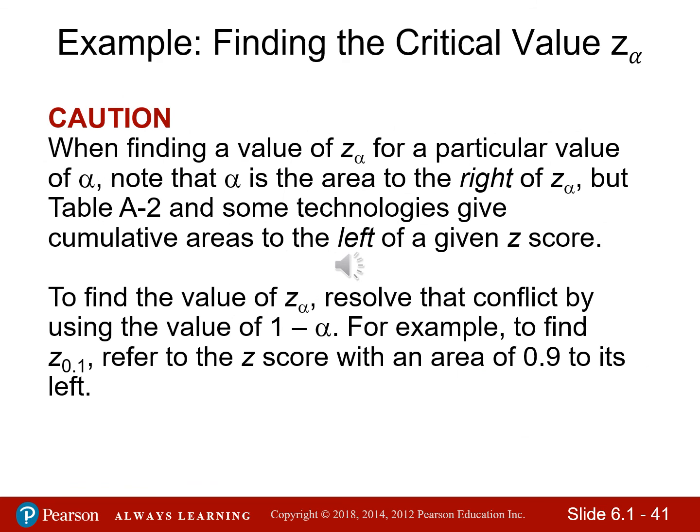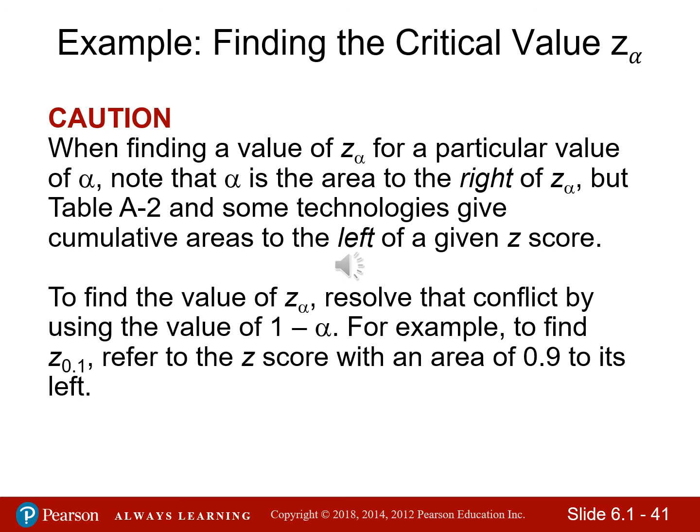When finding a value of z subscript alpha for a particular value of alpha, note that alpha is the area to the right of that z value, z subscript alpha. But table A2 and some technologies will give you the cumulative areas to the left of a given z-score.